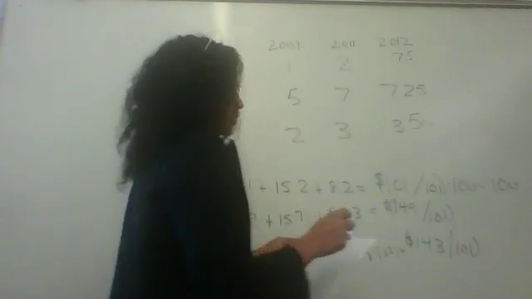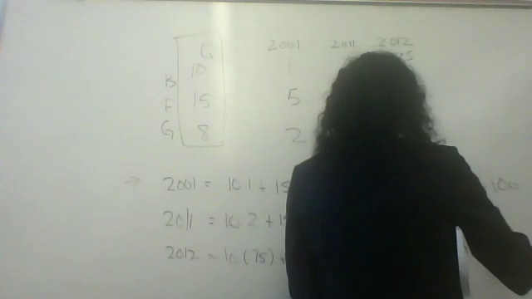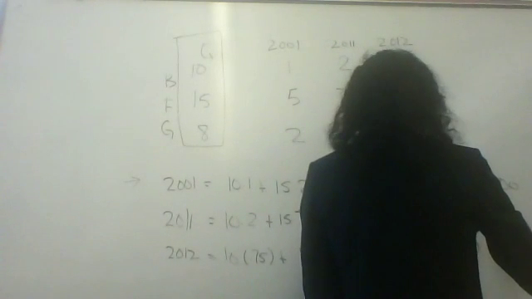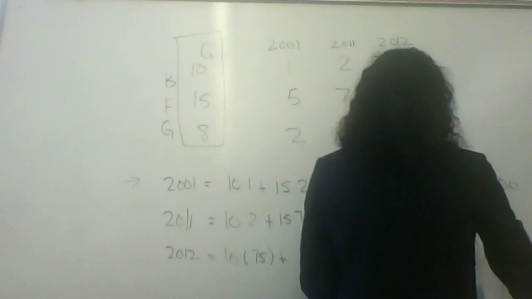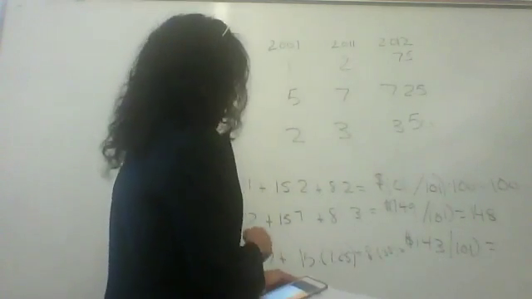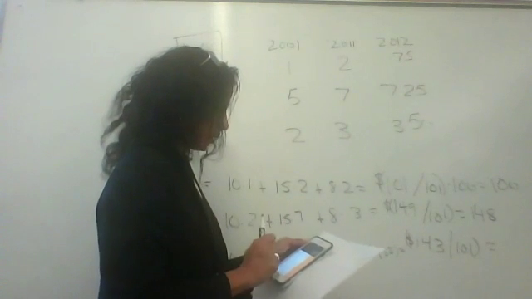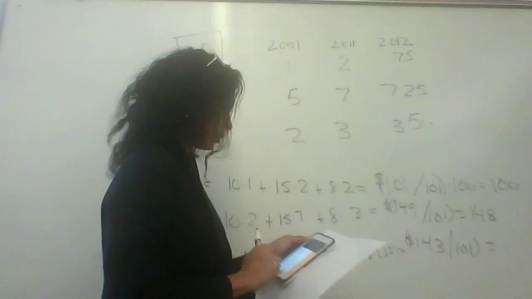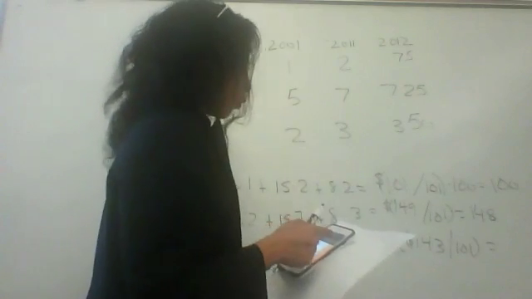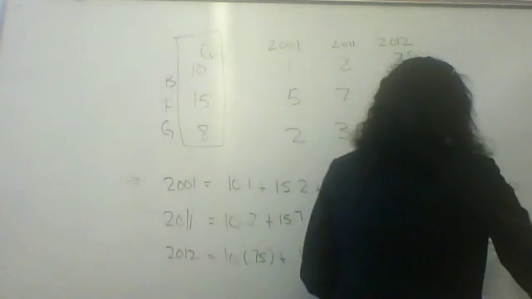I multiply that by 100. So my index in year 2, or 2011, is 148. And then for year 2012, take 143 divided by 101 times 100. I'm going to go ahead and round up. 141.5, so I'm going to go with 142.